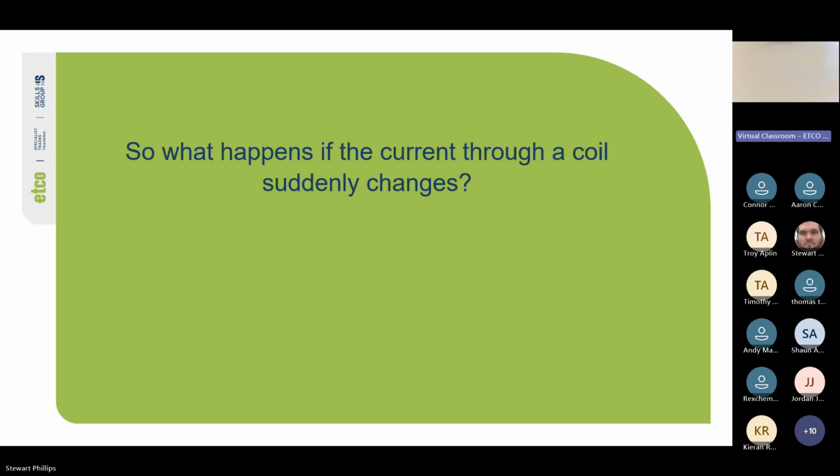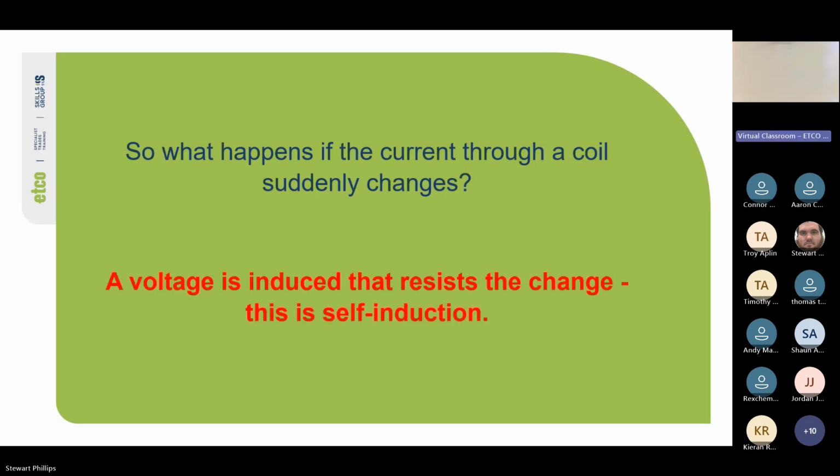It reverses, or it starts to collapse. So the magnetic field begins to collapse, which then induces a voltage that resists the change. So we get a back EMF. This is known as self-induction.